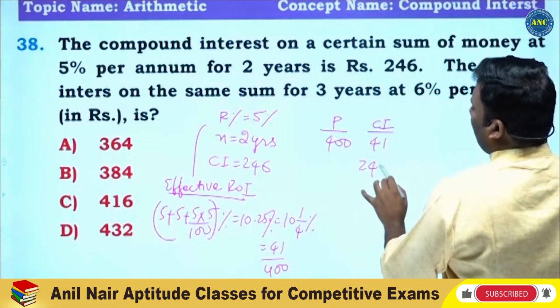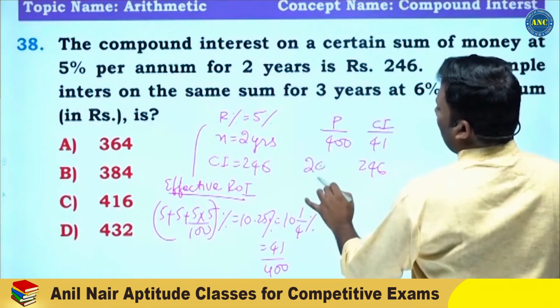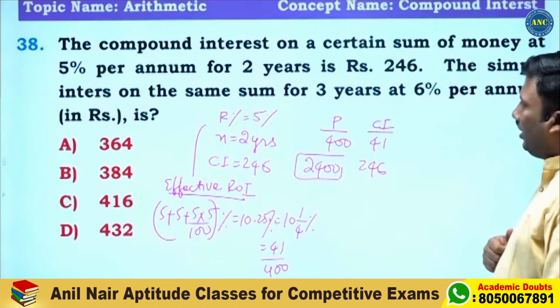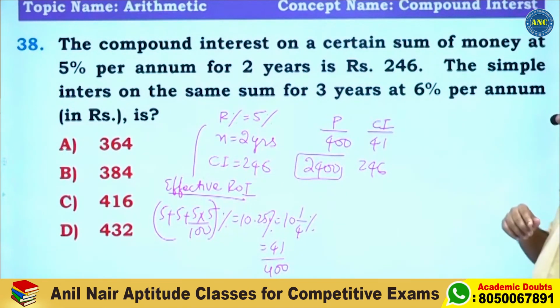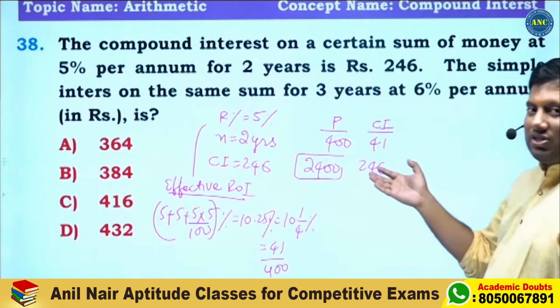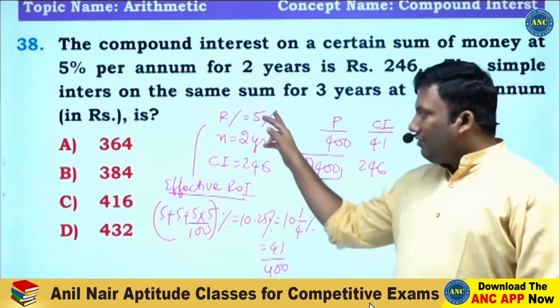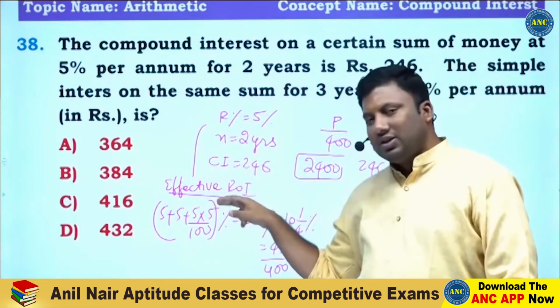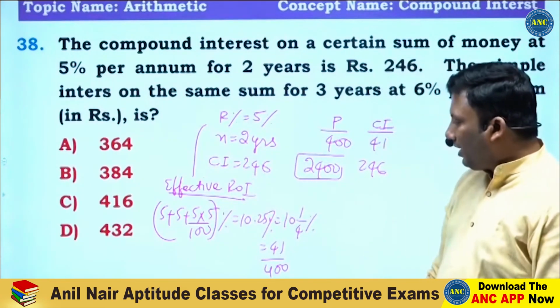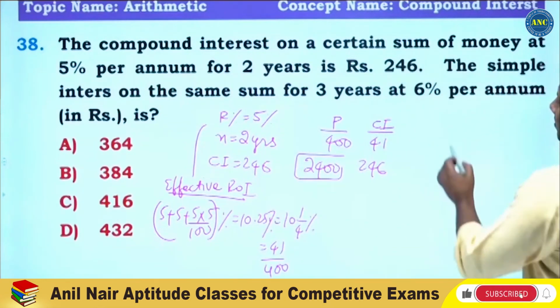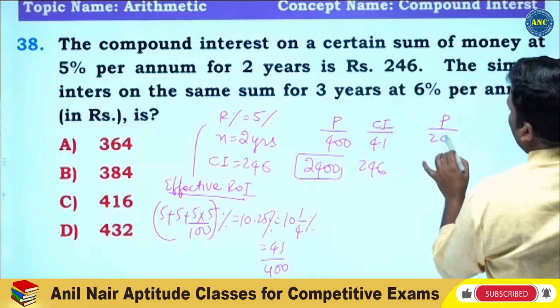If it is 246, principal will be 2400. I hope this logic is clear, right? A plus B plus AB by 100. For 0.25 is 1 by 4. So principal it is 2400.